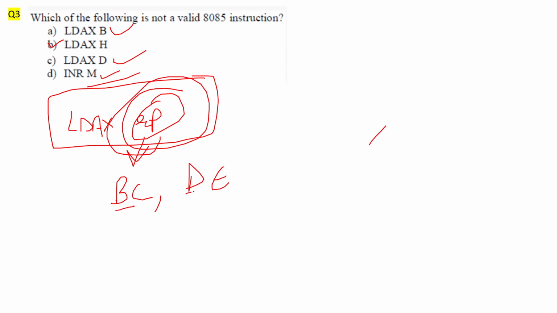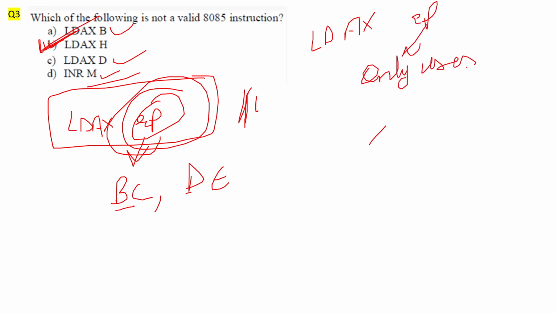H is not allowed, it can't take H as the operand. So for question number 3, the correct option is LDAX H. The LDAX instruction only uses BC and DE register pairs. So let me write down: LDAX RP only uses BC and DE register pairs.